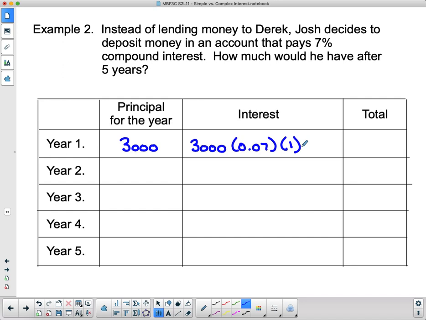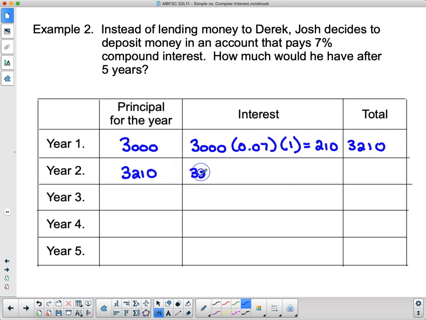You can plug that into your calculator as well, and that means he has $210 worth of interest. Now that gives him a total of $3,210. Now the next year, this is what he's going to invest: $3,210. So this number is what the interest is calculated on. So he's going to get more than $210 interest in the next year.